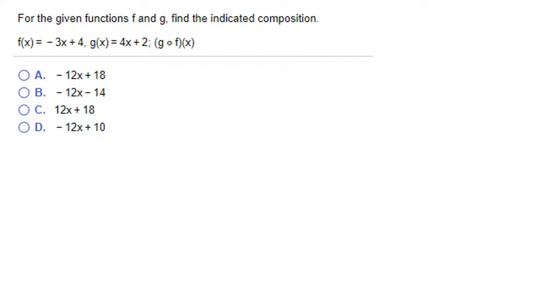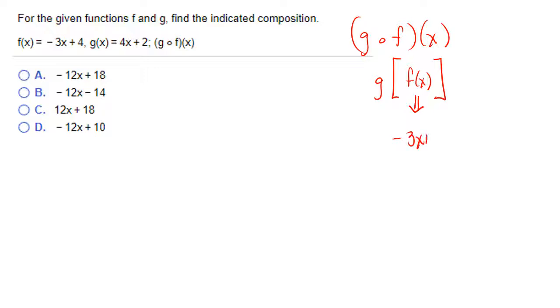Now we're going to talk about the composite function. I am asked to find g of f of x. What this means is I take the f of x and I actually substitute it inside the g of x. Now the f of x is negative 3x plus 4. When I take g of that, I'm literally going to take the negative 3x plus 4 and substitute it in place of the x of the other function.